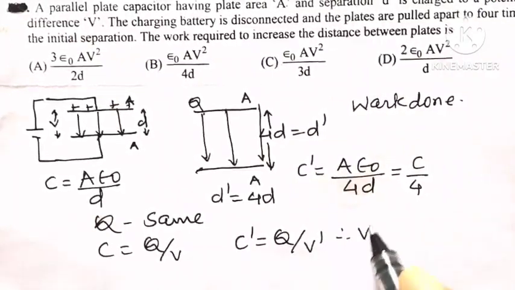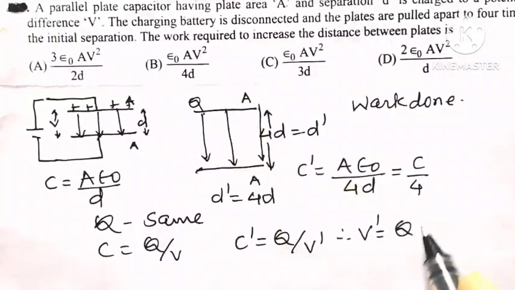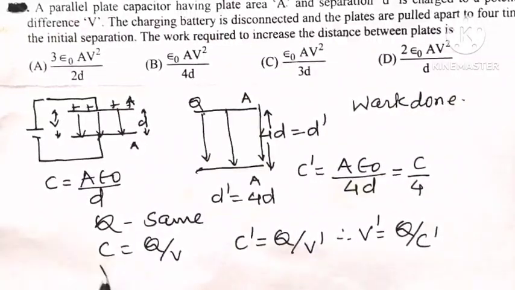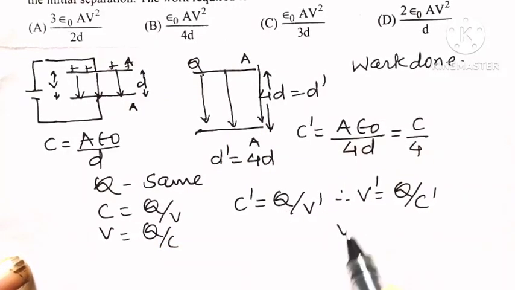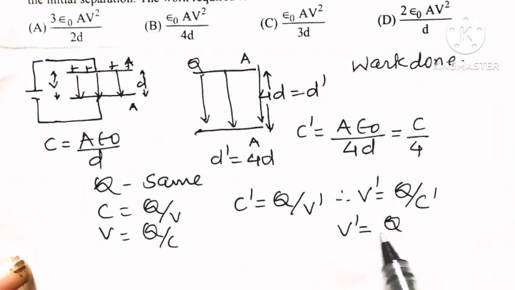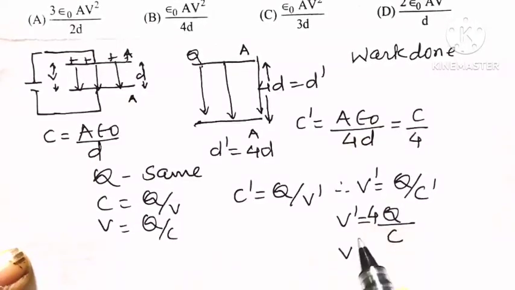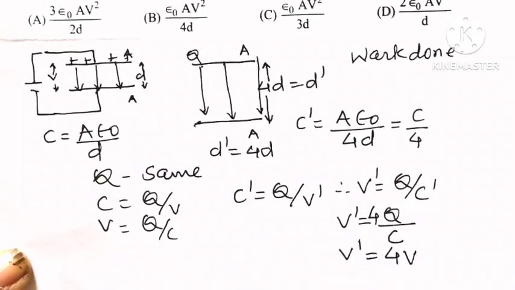Therefore, V dash is equal to Q by C dash, and V is equal to Q divided by C. Now, due to the separation between the two plates, what happens to the potential difference across the two plates? V dash is equal to Q divided by, now instead of C dash, we can write C by 4, means it is 4 into Q by C, means the new potential difference V dash becomes equal to 4 times V.